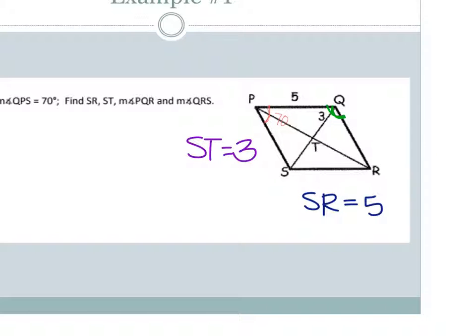And I want to know, what does it equal? 110. How'd you get 110? 180 minus 70. Because, ladies and gentlemen, listen carefully. Angle P and angle Q have to add up to 180, because they're consecutive. So 180 minus 70.